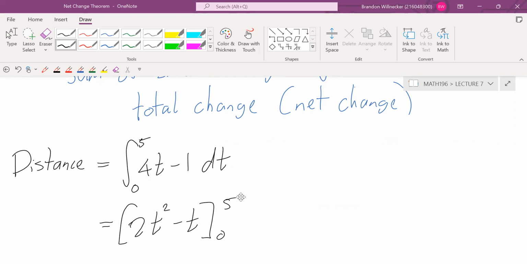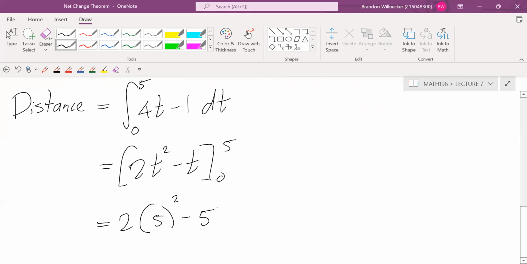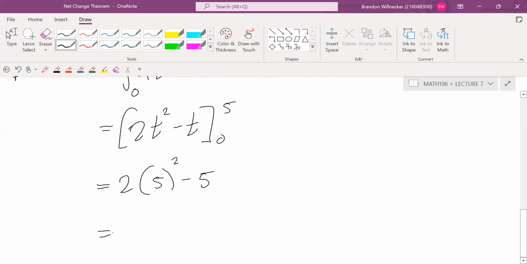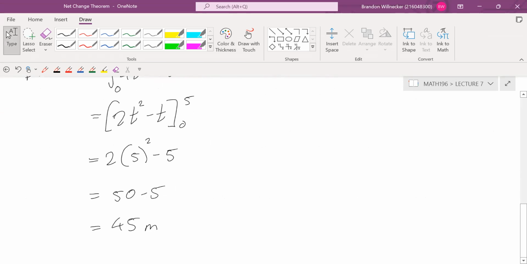We're just doing a definite integral here, nothing crazy. So that's going to be 2 times 5 squared minus 5. So that's going to be 2 times 25. That's 50 minus 5. So that's going to be 45 meters.